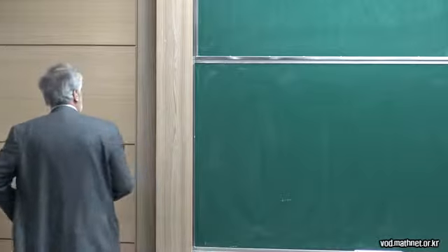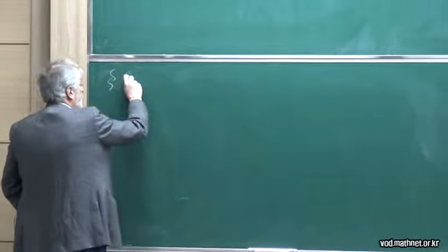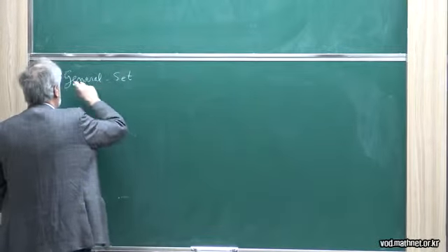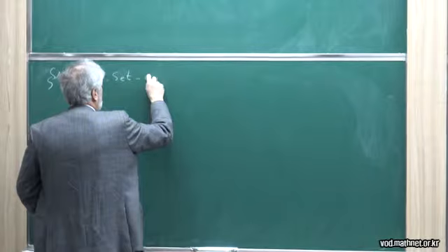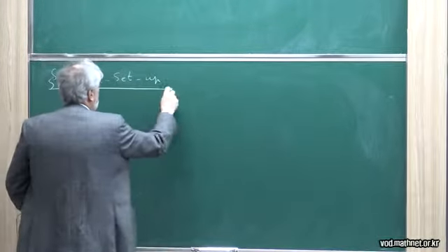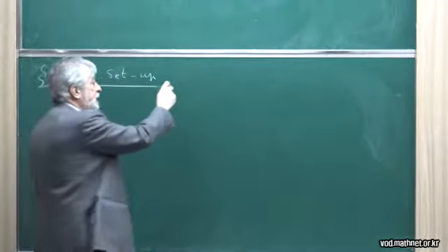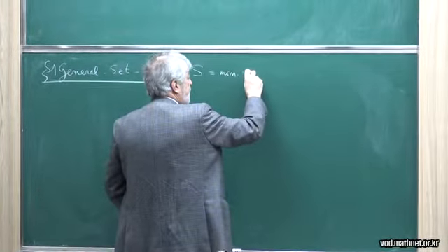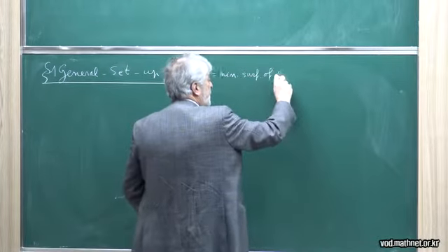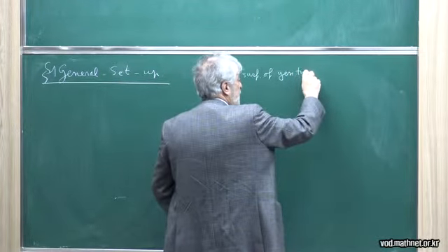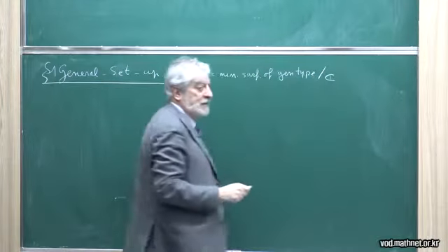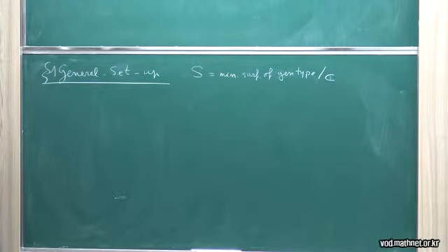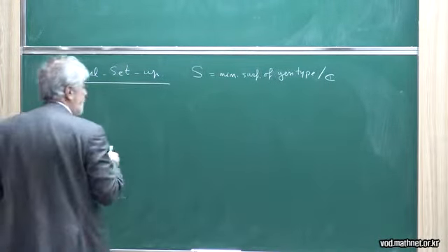So what is the general setup? I want to pose some general questions. I assume that S is a minimal surface of general type, and for simplicity over the complex numbers, though many things will work equally well otherwise.